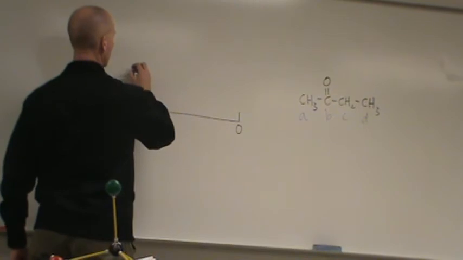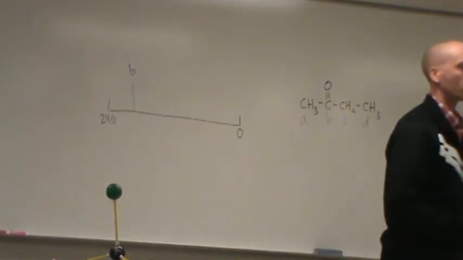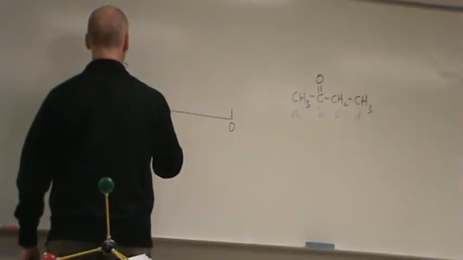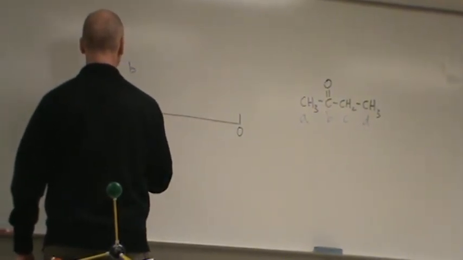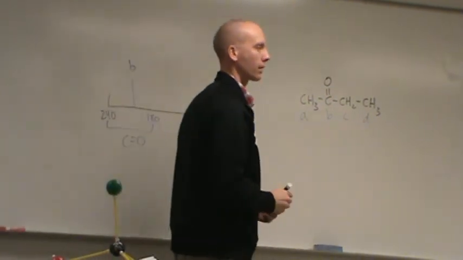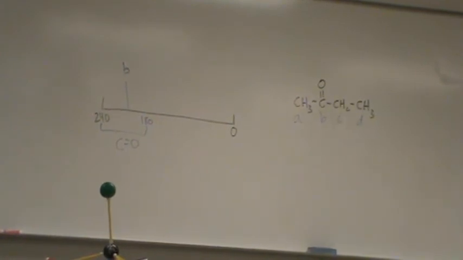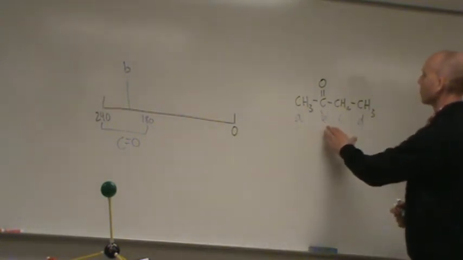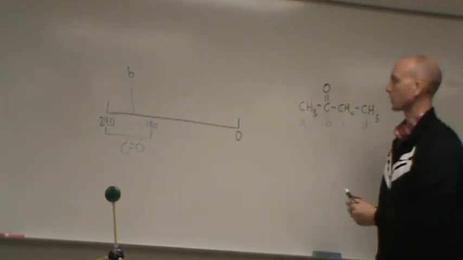So this will be B. In fact, we can make a nice little statement here: carbonyls show up anywhere between 180 and 240. That's nice data to know. Even IR told me I had a carbonyl at 1700. What would be the most upfield peak? D. D, furthest from the deshielding oxygen.